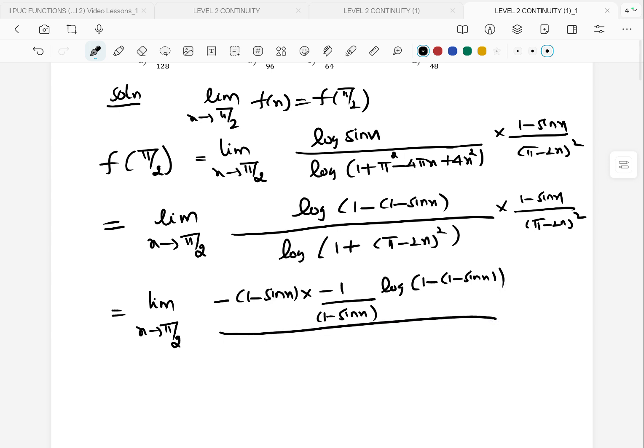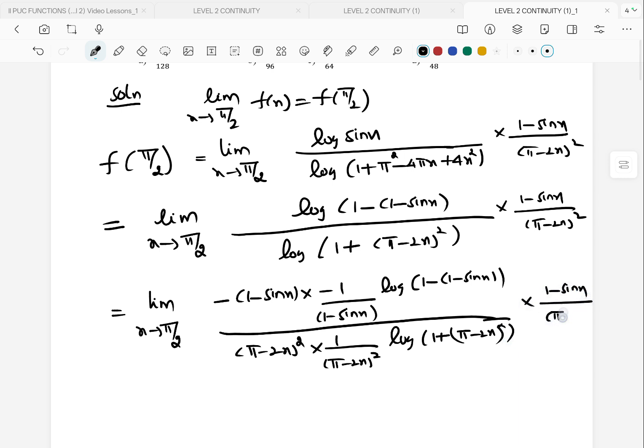Denominator I am going to multiply and divide by (pi minus 2x) the whole square, into log of 1 plus (pi minus 2x) the whole square, into 1 minus sin x by (pi minus 2x) the whole square.